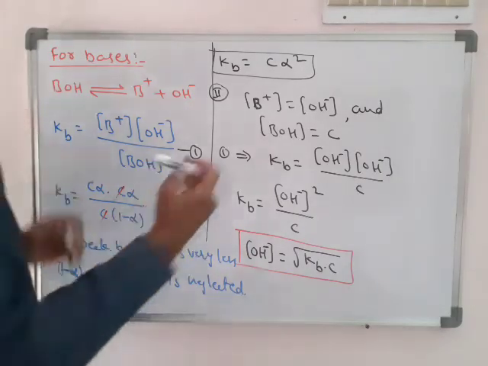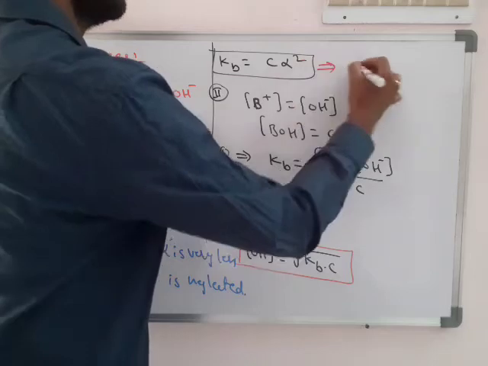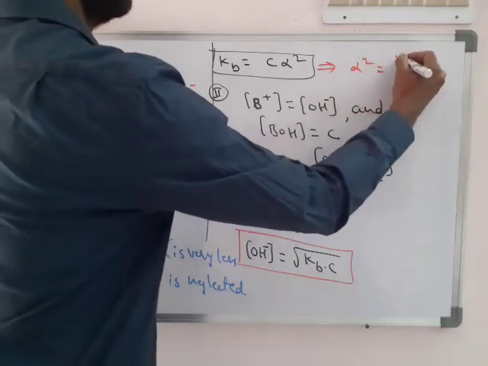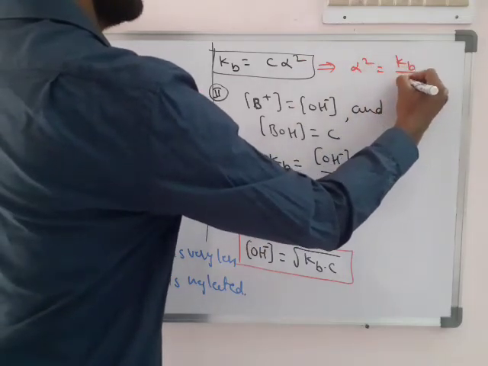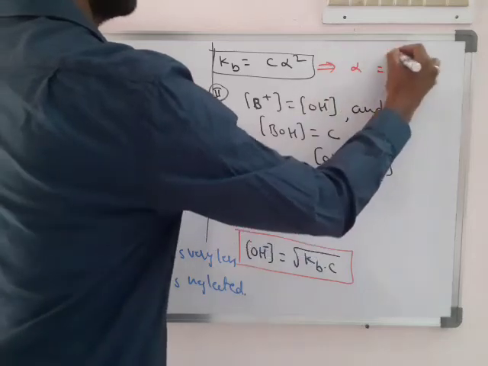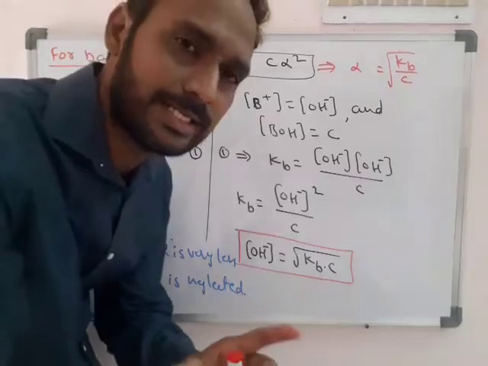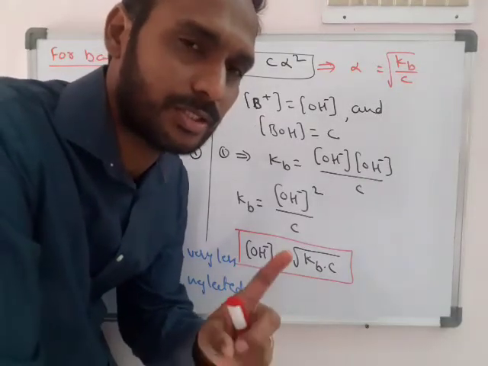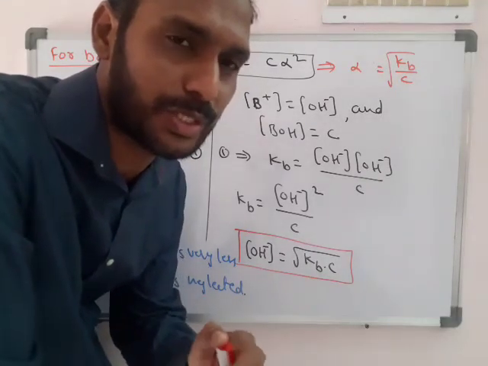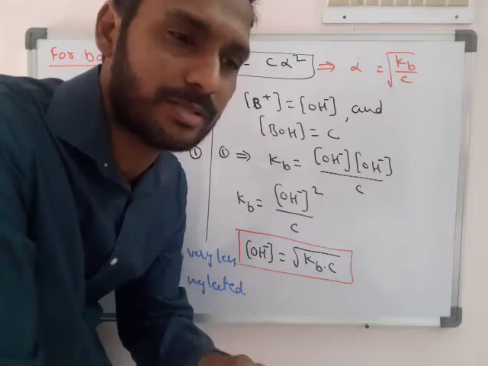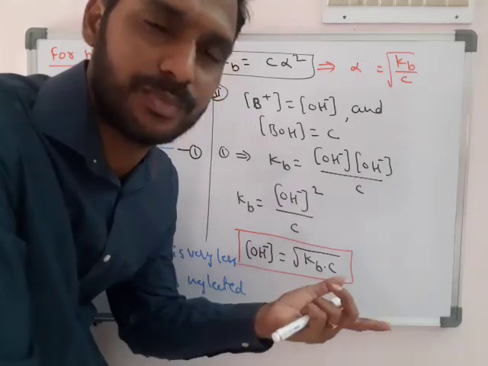OH minus is equal to root of Kb into C. Here also we can write alpha square is equal to Kb by C, and alpha is equal to root Kb by C. Exactly similar to the acids, where the strength of acid is directly proportional to Ka, here also the strength of the base is directly proportional to Kb.